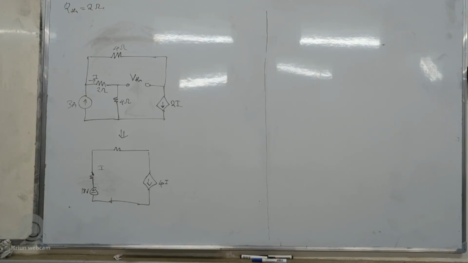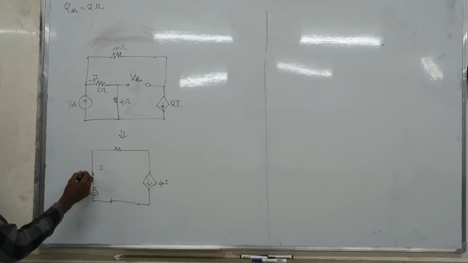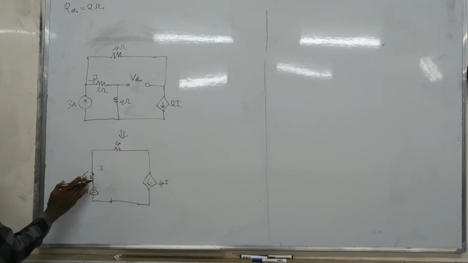Then we do what? Oh, this and this, because this is what? 6 and 4. We get a 10.